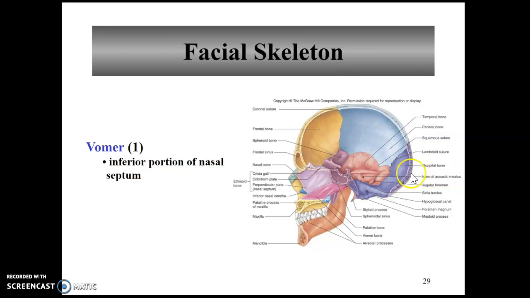And the last one is vomer. So this is right here, this pink. It is going to make up the inferior portion of your nasal septum. That's right there in the middle, and goes down the medial line of your face.